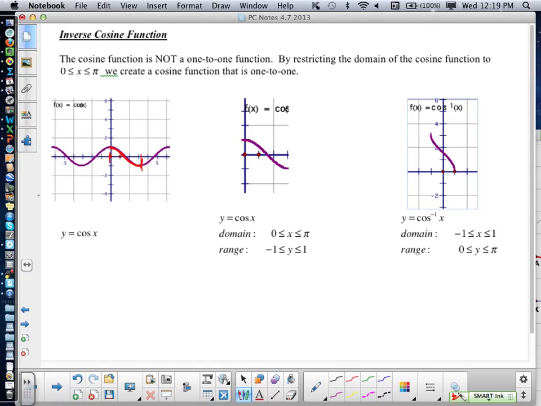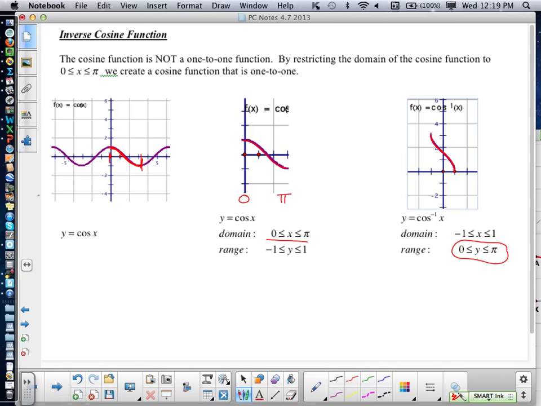So here's that graph truncated, and now here's that graph when we reflect it across the line y equals x. Okay, so the domain for the inverse cosine graph is going to go from 0 to pi. So we restrict it from 0 to pi, and then when we invert it, that now becomes our range, but those values are from 0 to pi, unlike arcsine, which went from negative pi over 2 to positive pi over 2.